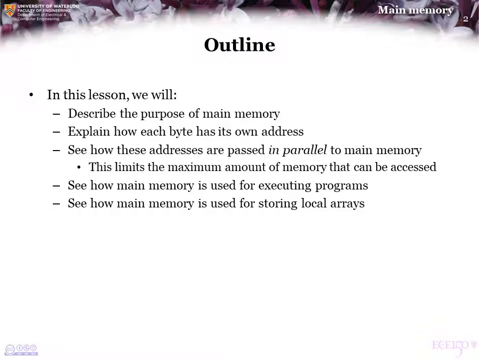Having a memory or address bus is going to limit the maximum amount of memory that can be accessed by the processor, so we will describe that memory space. We will then see how main memory is used for executing programs and also how main memory is used for the storing of a local array.